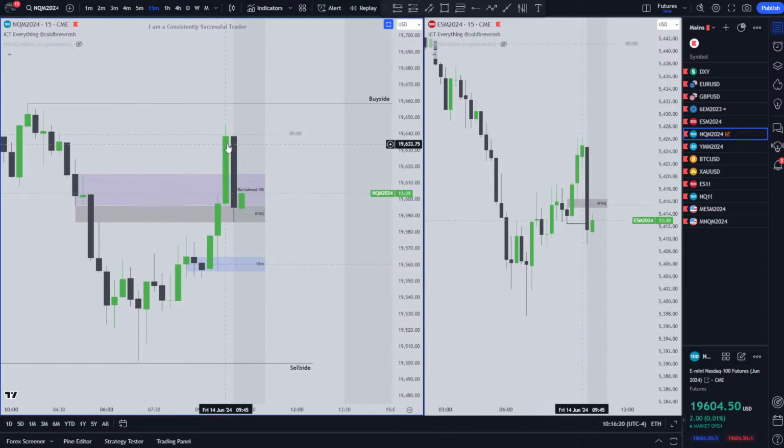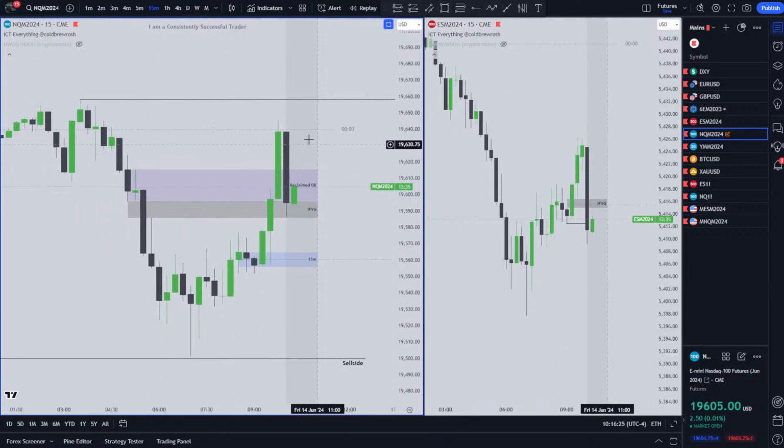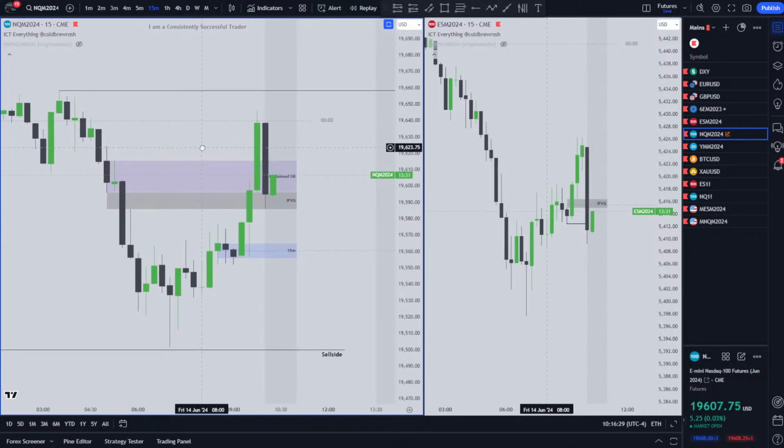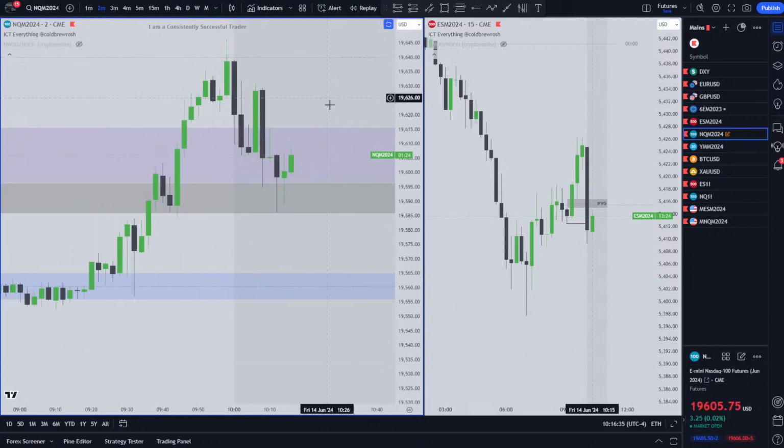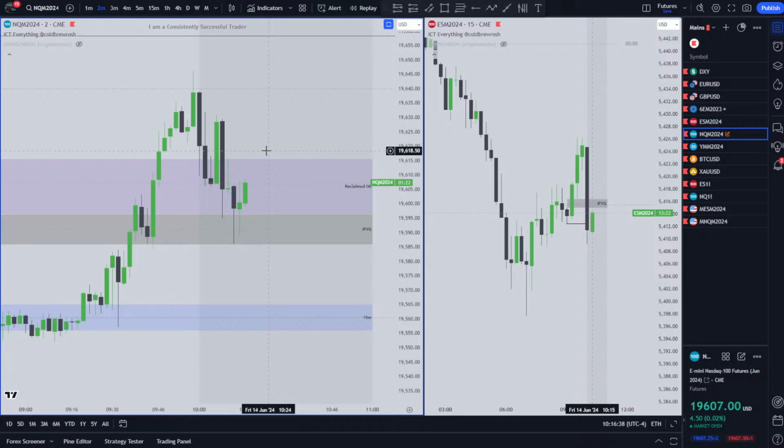Okay, what would need to happen if I wanted to take a sell? We technically have created a bearish order block, this last up candle. We did close and respect midnight. So something like that maybe.